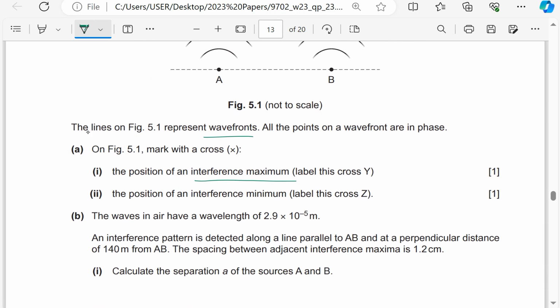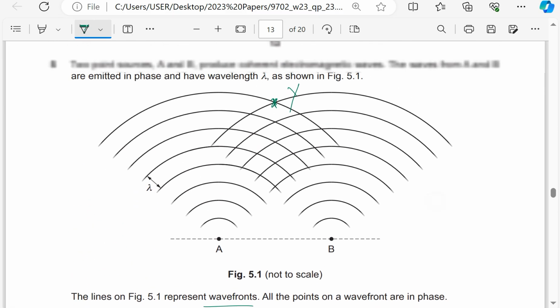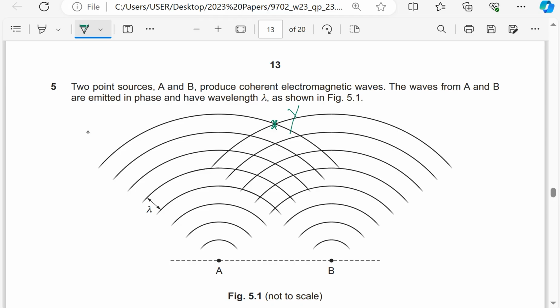Then the position of an interference minimum, this is destructive interference. Destructive interference occurs when a crest meets a trough. Between every two crests, there must be a trough. So if a crest meets a trough, there will be destructive interference. I'll choose between these two.